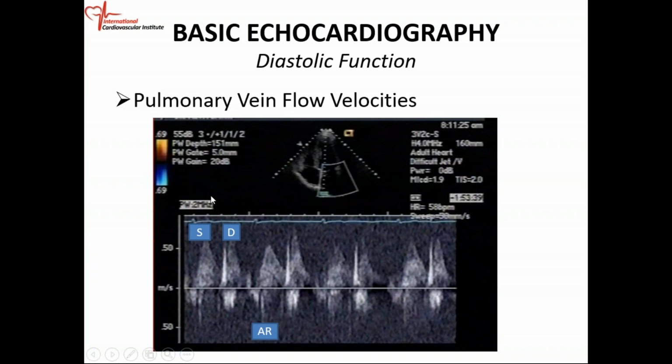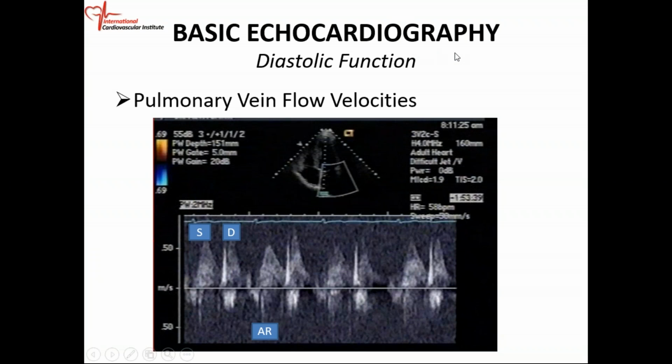So this is your normal pulmonary vein flow, where the systolic component is a little bit bigger than your diastolic component. Very important when you're analyzing diastolic function or dysfunction, because as you develop diastolic dysfunction, this systolic component becomes smaller.